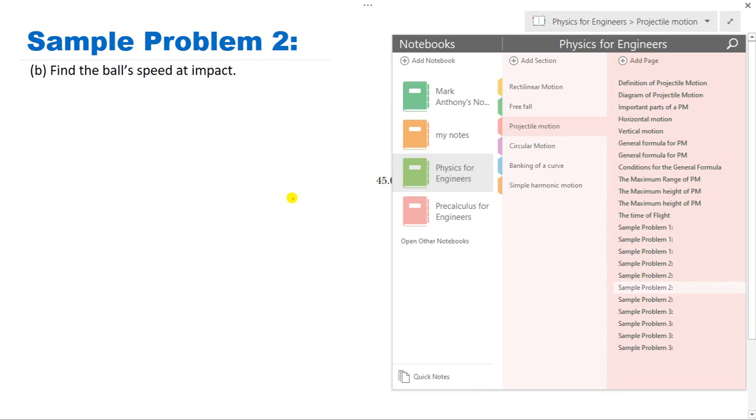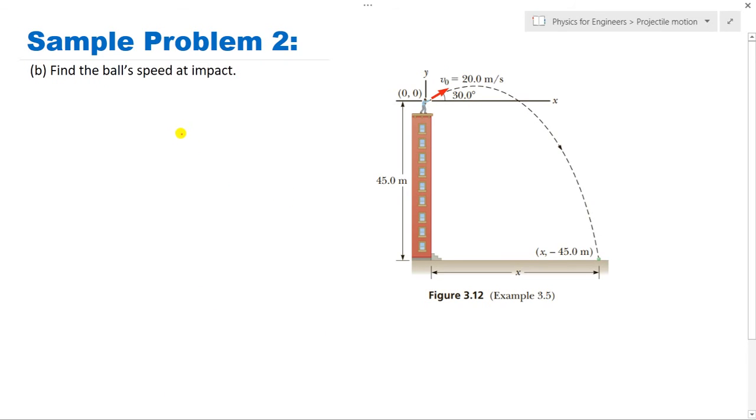Next, find the ball's speed at impact. So what is our speed here? It pertains to our final velocity, VF.